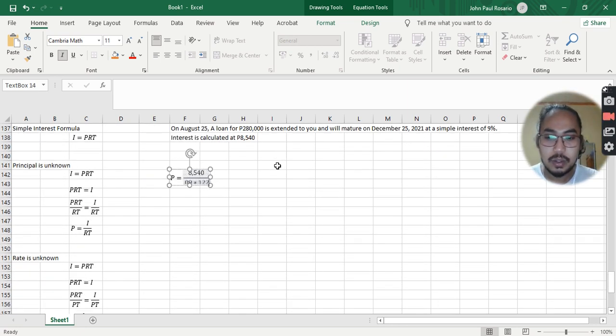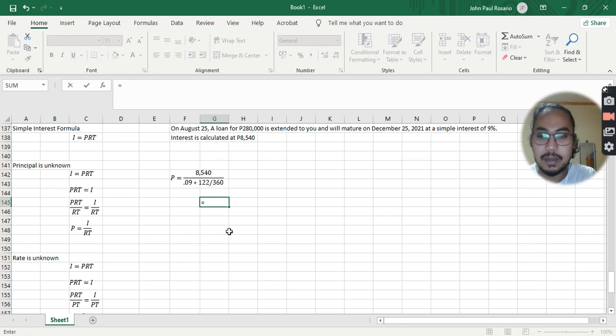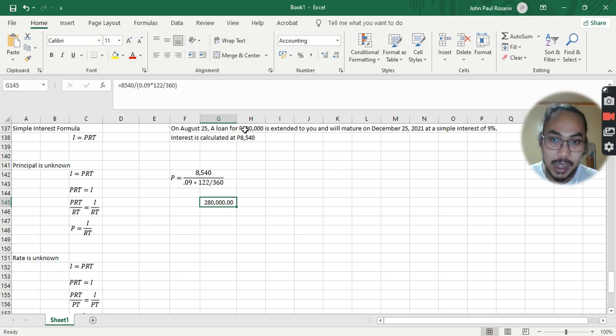So, this is the principal: 8,540 over, let us close in parentheses, 0.09 times 122 over 360. This should give us the principal, which is 280,000, which is correct.